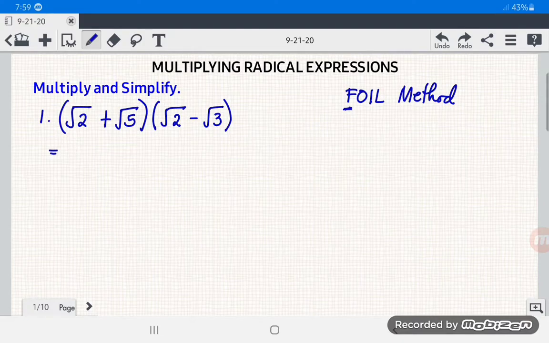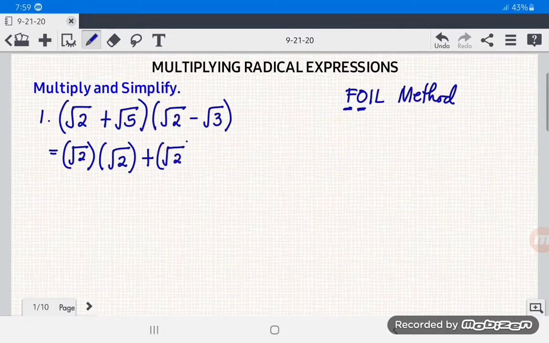So let us now have the step-by-step process. We have square root of 2 times square root of 2. Then, O stands for the outer terms. We have plus square root of 2 times negative square root of 3.